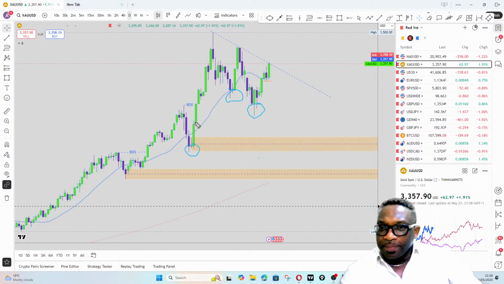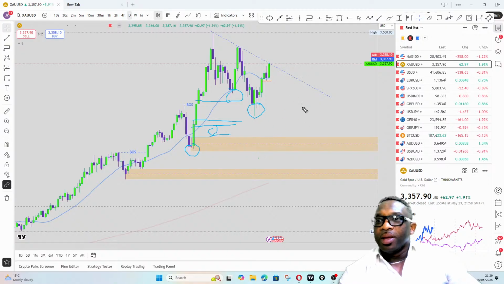So there's this imbalance, we have this one here, and then there. It tried to fill it up, but it was partially filled. But there's another imbalance area here, which is also another magnet to attract price to this low.